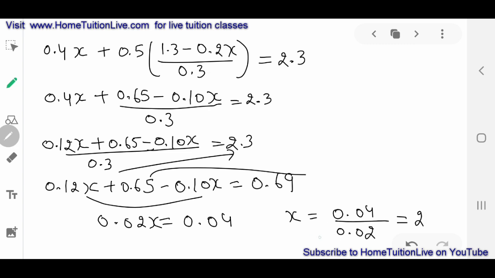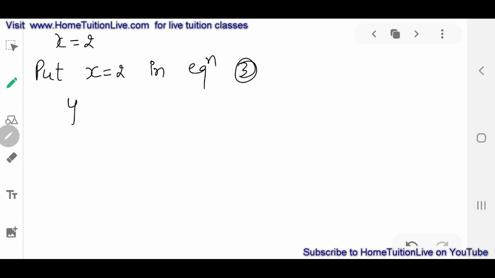Now put this value of x is equal to 2 in equation 3. And the third equation is y is equal to (1.3 minus 0.2x) divided by 0.3.